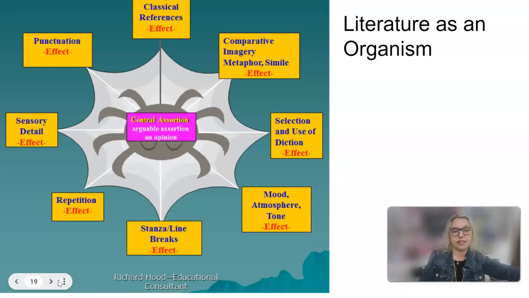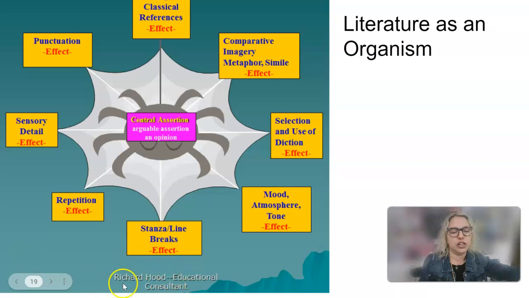One way to think of this is thinking of your creation or understanding of meaning from the text as a web, okay?